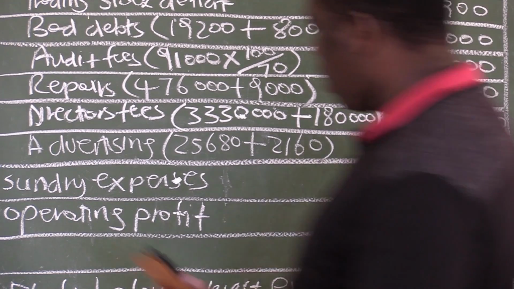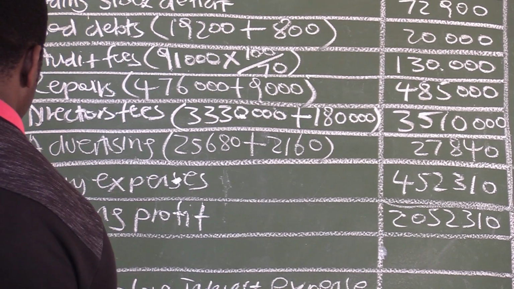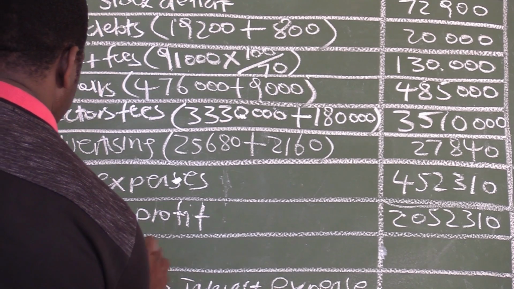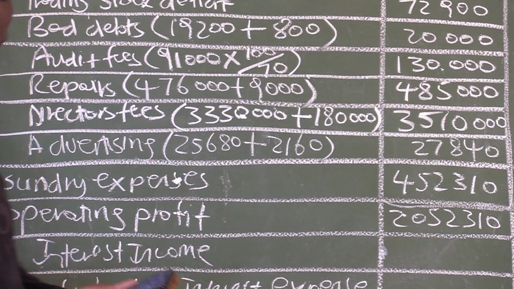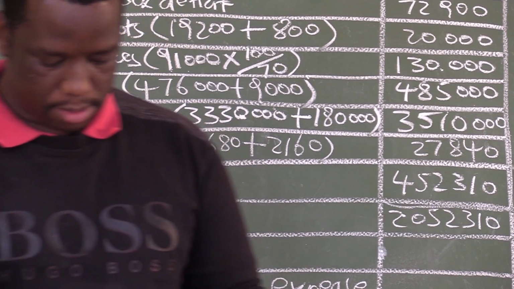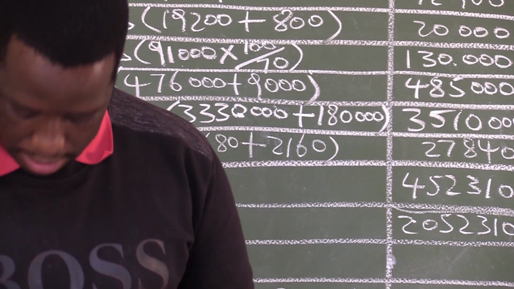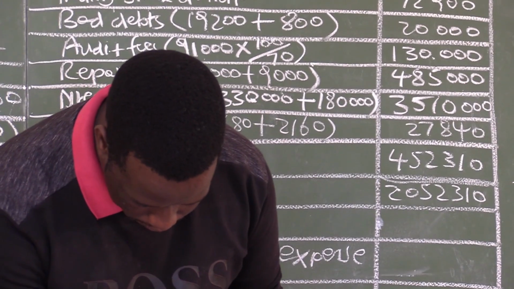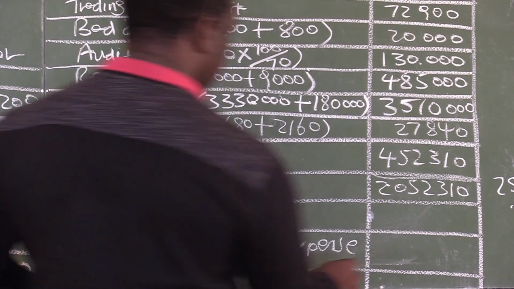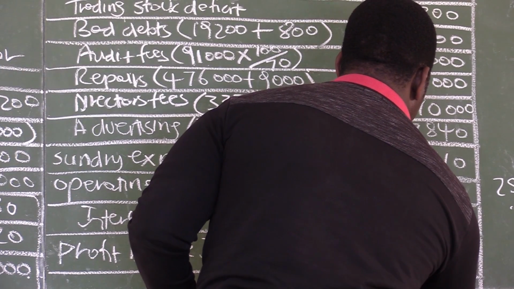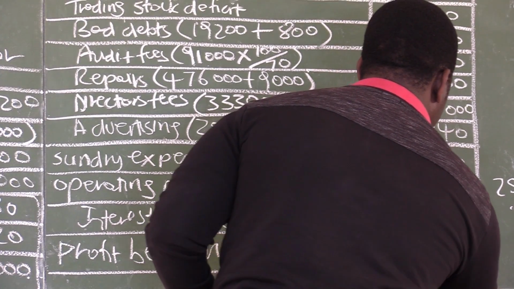Right, and then you have our interest income here. We are now approaching the end of our income statement. We are just closing it off. Our interest income is 25,000. It's given in the question paper.